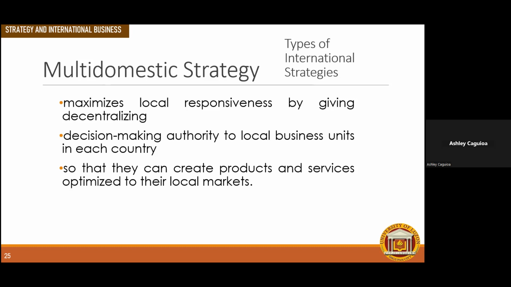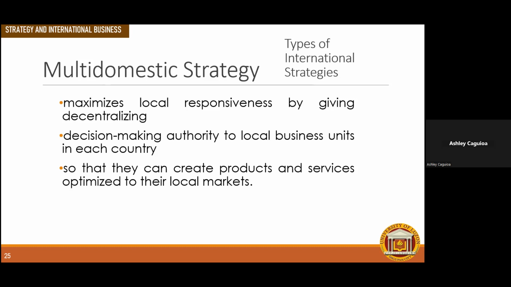When we say multi-domestic strategy, it focuses in the middle, where a firm tries to balance the desire for efficiency with the need to adjust to local preferences within various countries.